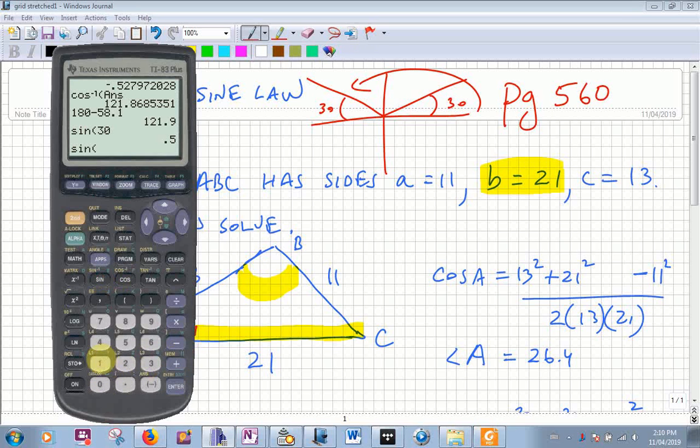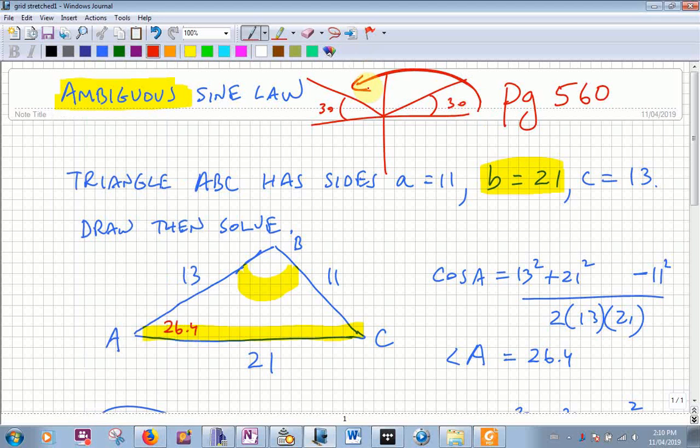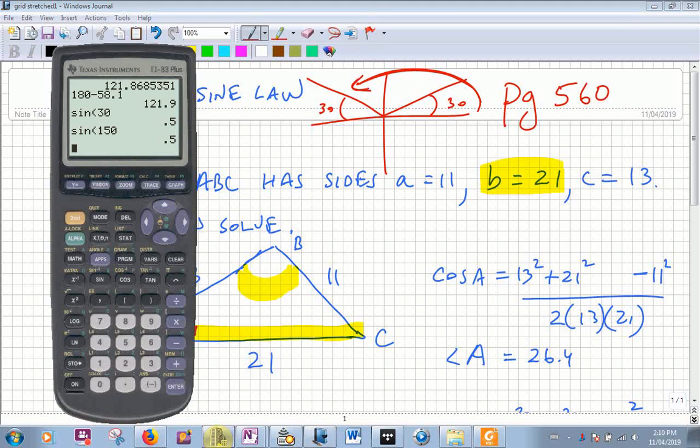Sine of 30, of course, is a half. What's sine 150? Your calculator doesn't know the difference. It doesn't know if you want the acute angle or the obtuse one. That's ambiguous sine law, part 1.